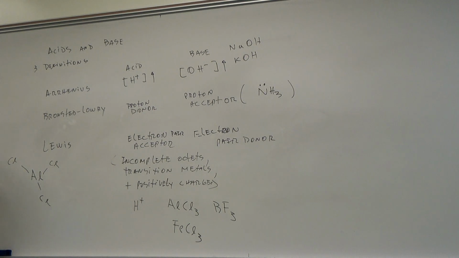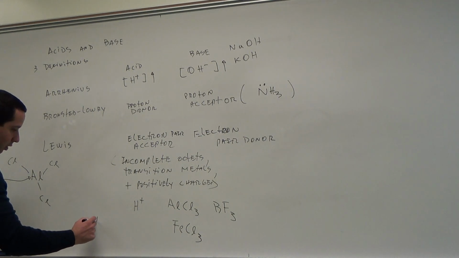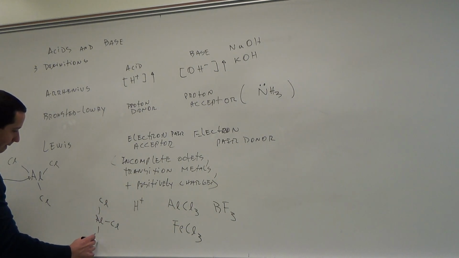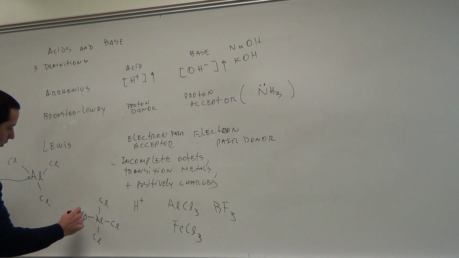And electrons tend to do what? To go to things that are missing electrons or positively charged. So this would work like that. The electron pair will go to that aluminum, and this will look like this. Al, Cl, Cl, Cl, and now the oxygen.